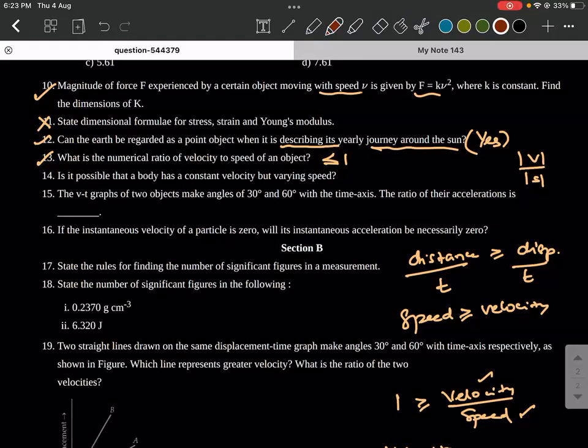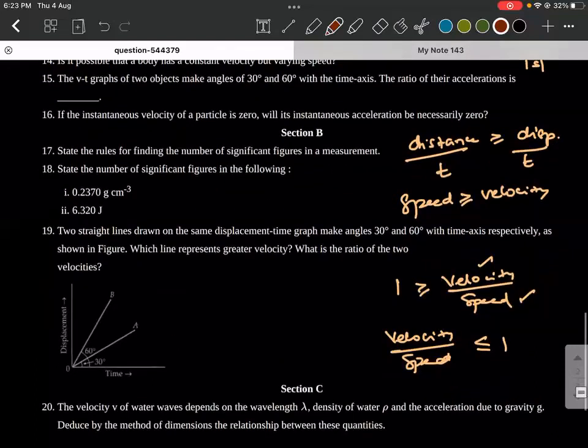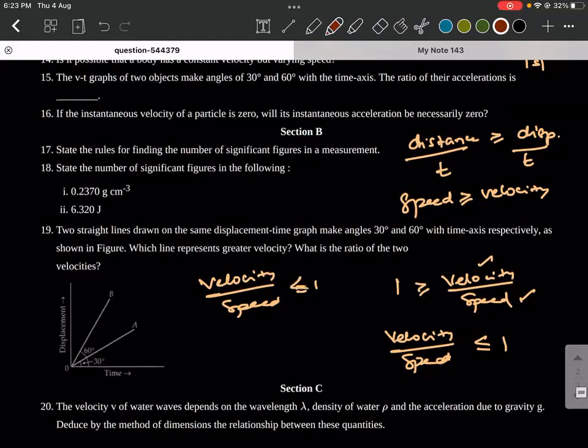If I divide by time, distance by time is called speed, and displacement by time is called velocity. If it were equality and I divided by speed on both sides, velocity by speed would be equal to 1. But it is not equality, it is inequality, which is why it is less than or equal to.